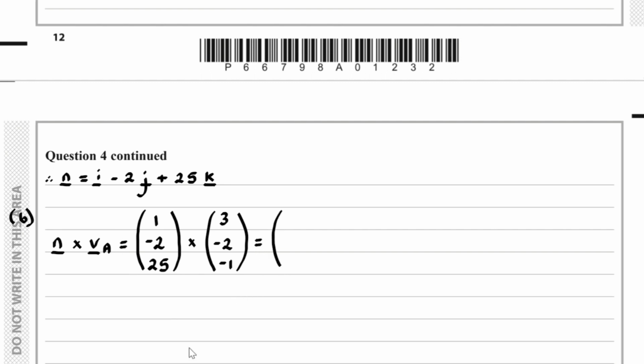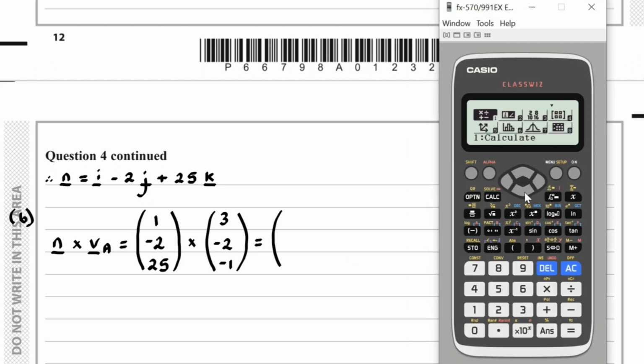So if we work this out, we can use our calculator. We go to the vector submenu, define the first vector to be 1, minus 2, 25. And then we define our next vector, 3, minus 2, minus 1. And then we cross those.